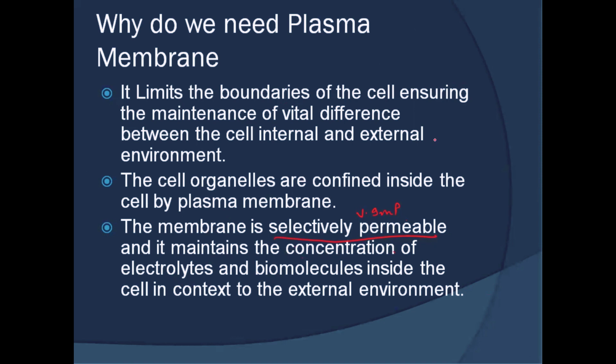There are several issues faced if you have low and high concentrations of electrolytes and biomolecules. So to maintain that concentration, it is selectively permeable and does not allow everything to go inside. Its passage is like gases, then small molecules, and then larger molecules. That is how it allows things to go in and out of the cell.